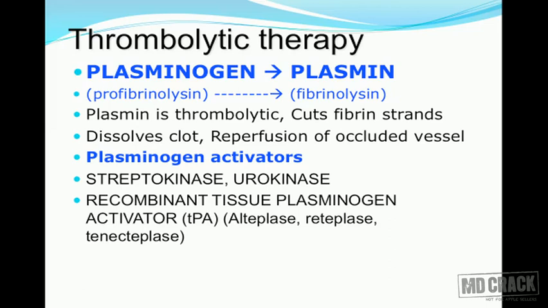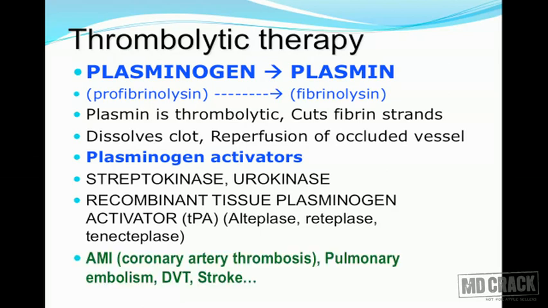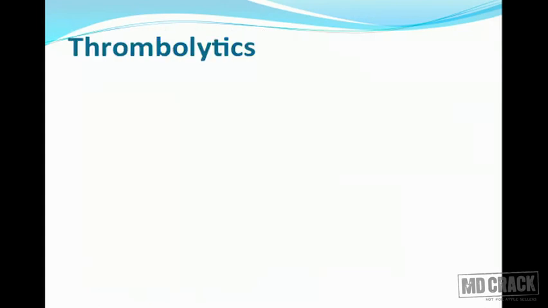You have recombinant tissue plasminogen activators, that's TPA, including alteplase, reteplase and tenecteplase, and these are extremely useful after myocardial infarction where there is coronary artery thrombosis. Dissolving this clot is crucial and it's life-saving. Then it's useful for pulmonary thrombosis, it's useful in deep vein thrombosis, DVT, and it's useful in stroke for dissolution of the clot.